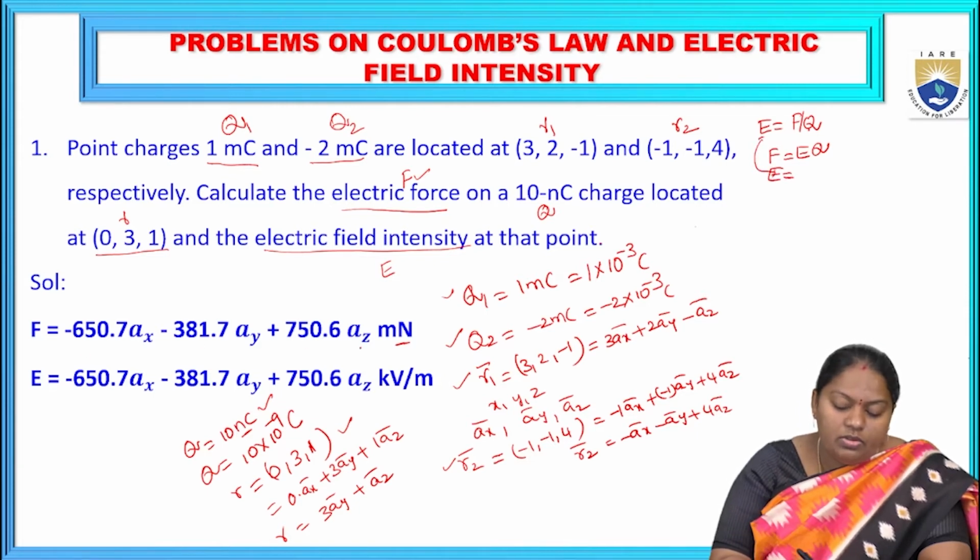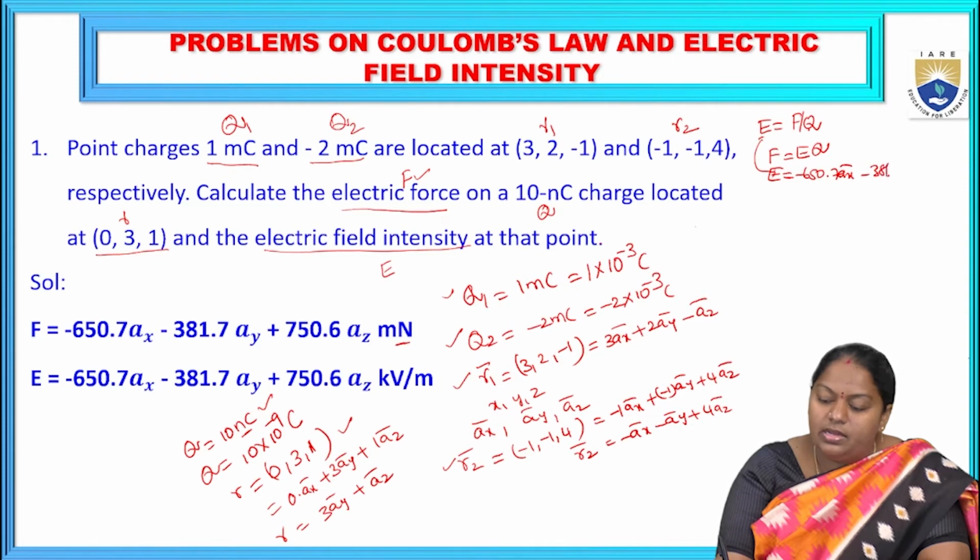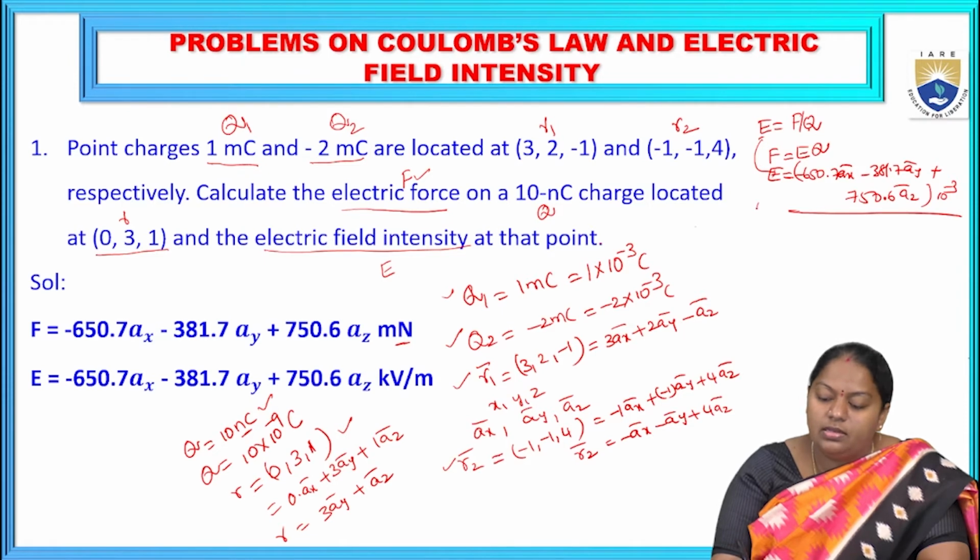So the total equation is given here as minus 650.7 ax minus 381.7 ay plus 750.6 az whole into 10 power minus 3 by Q. The Q value is given here as 10 nanocoulombs, 10 into 10 power minus 9, right?